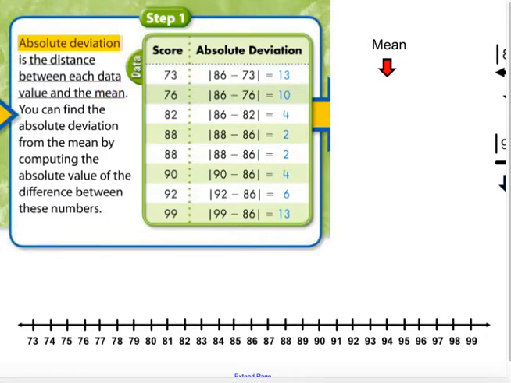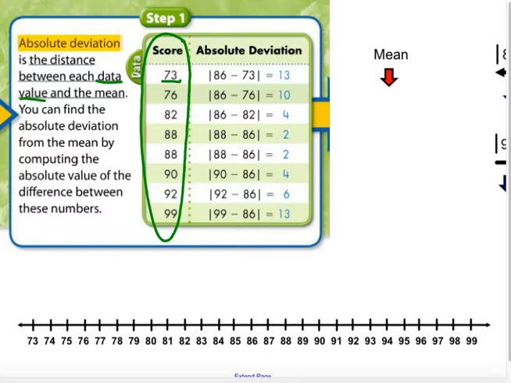Absolute deviation is the distance between each data value and the mean. Okay? So the scores, the data values, would be her scores. And we want to find out the distance between her scores and her mean, which is 86. So her mean is 86, and then we want to take her other scores, such as 73, and find out what the distance is between each of those values.